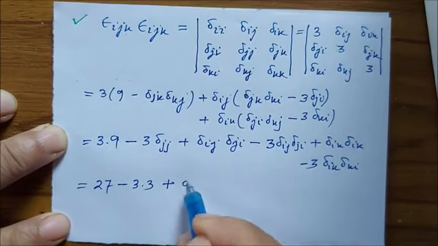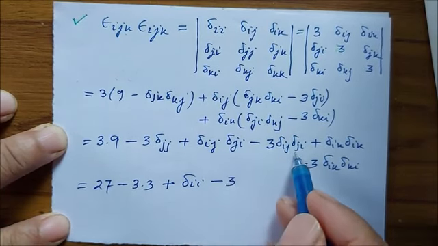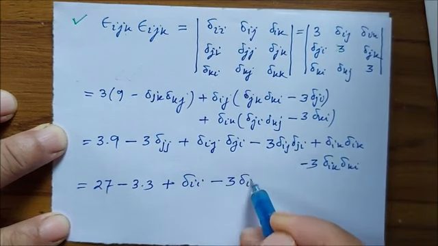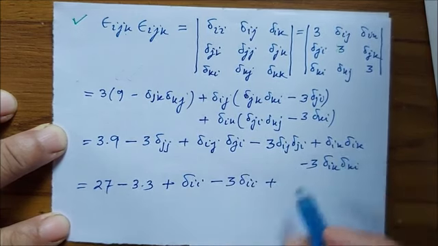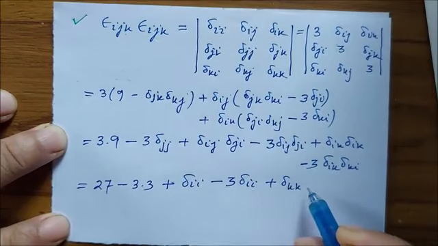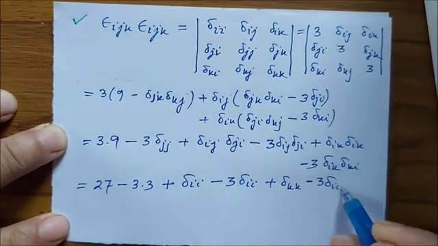Contraction of j gives us delta ii, contraction of say i gives us delta ii, contraction of k again gives us delta ii.